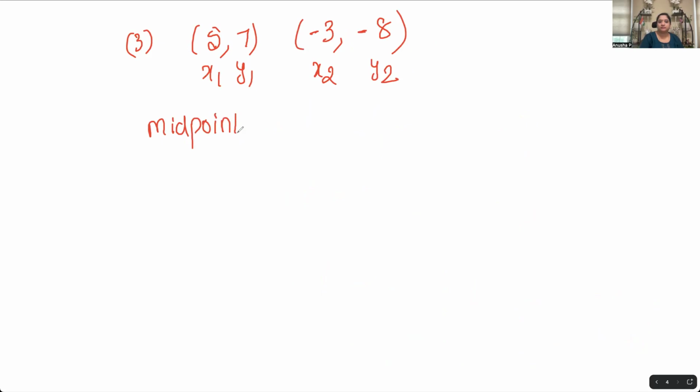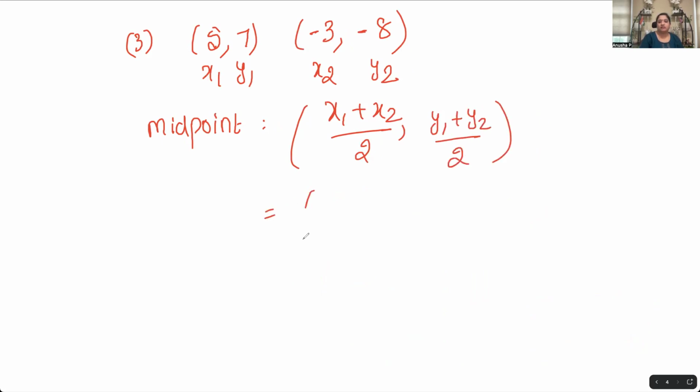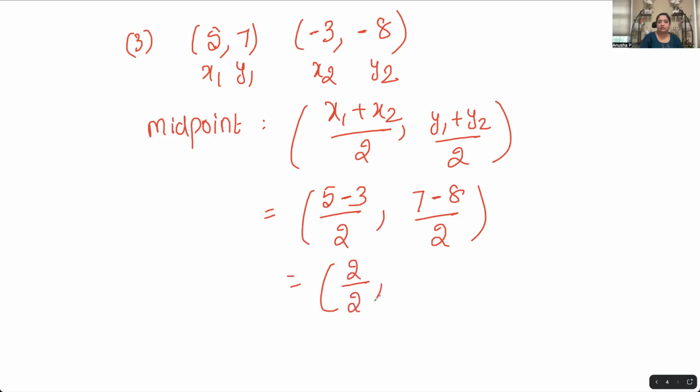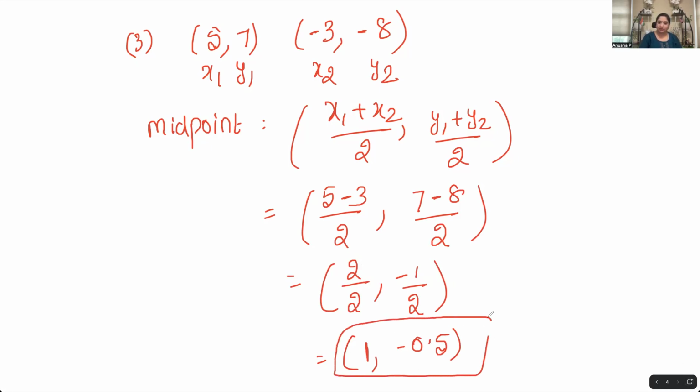Midpoint is x1 plus x2 over 2, comma, y1 plus y2 over 2. 5 minus 3 over 2, comma, 7 minus 8 over 2. 5 minus 3 is 2, 2 by 2. 7 minus 8 is negative 1 over 2. 2 by 2 is 1, negative 1 by 2 is negative 0.5. Okay. This is the midpoint M.